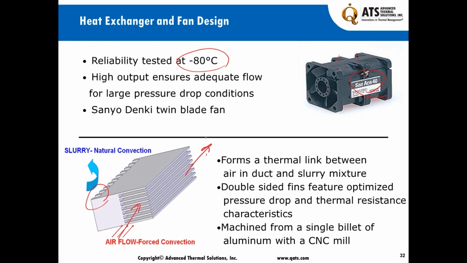This is all made out of one piece in order to mitigate any contact or thermal resistances associated with the heat transfer between the slurry and the air side of the cooling system. And also note that the slurry was in natural convection, meaning we had no stirring mechanism in the subcooled liquid in order to make it work effectively.